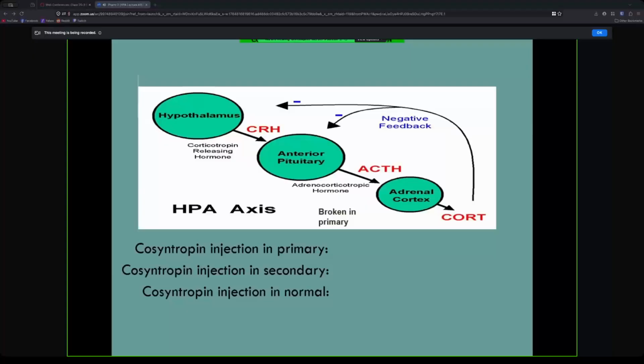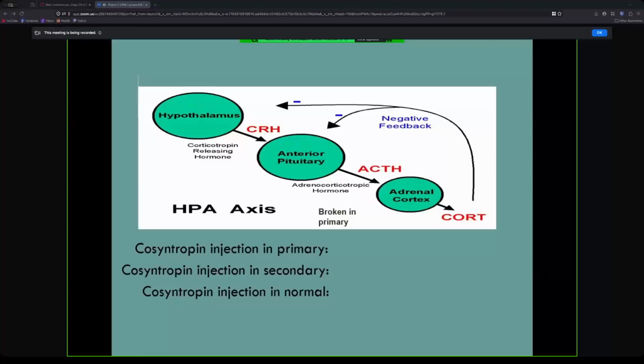However, in secondary adrenal insufficiency, the cortisol can remain low or vary. The gland is still there, but there's some kind of understimulation or atrophy of the adrenal cortex. So the adrenal cortex is chronically being understimulated or atrophied because of a lack of endogenous ACTH. So the response can be somewhat blunted or delayed.